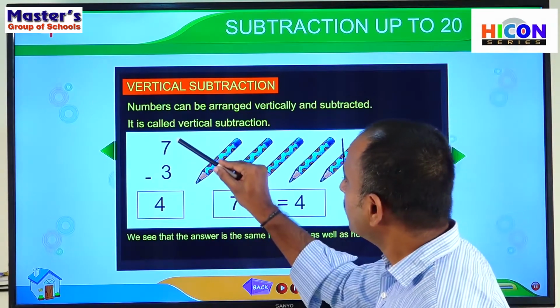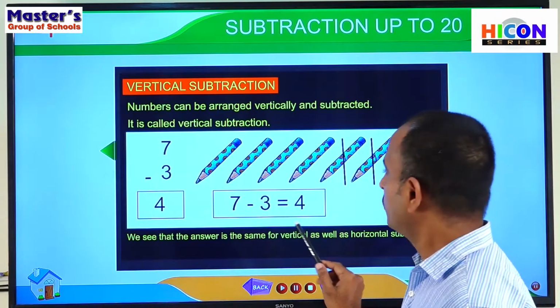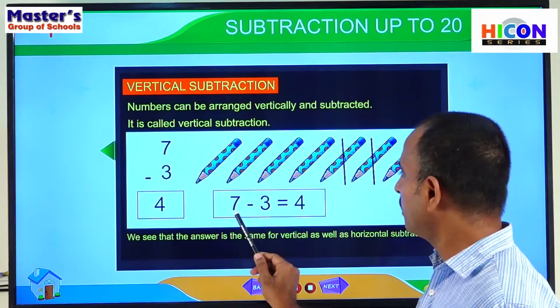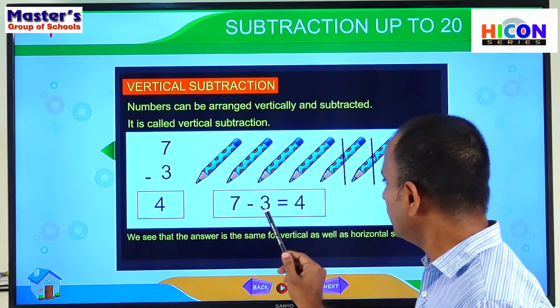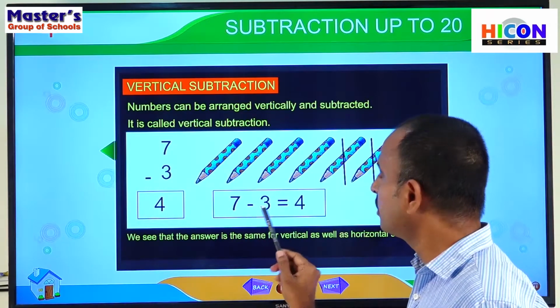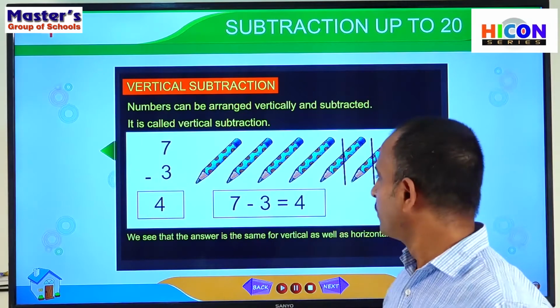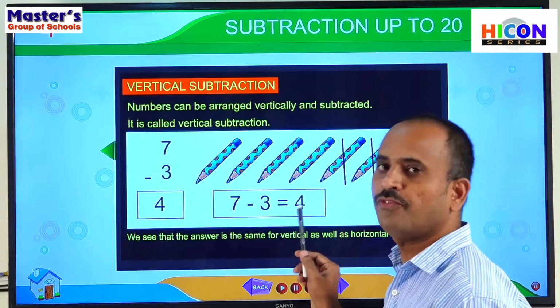So let us do this subtraction in horizontal method. Horizontal method means here the two numbers are written one beside the other. That is, 3 is written beside the 7. So this is called horizontal subtraction. So if we subtract 3 from 7, again we will get the same answer 4.